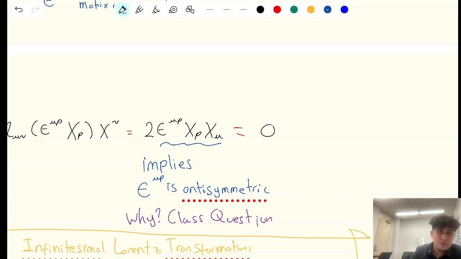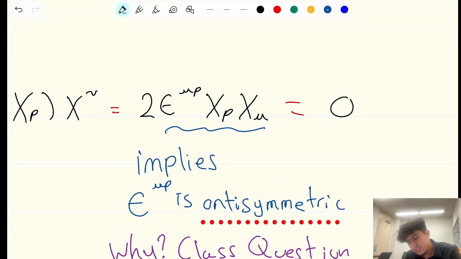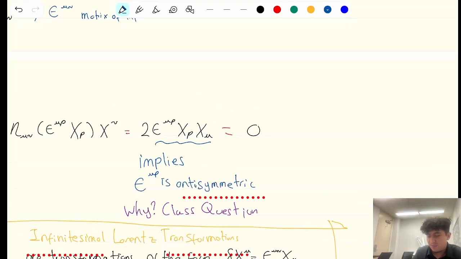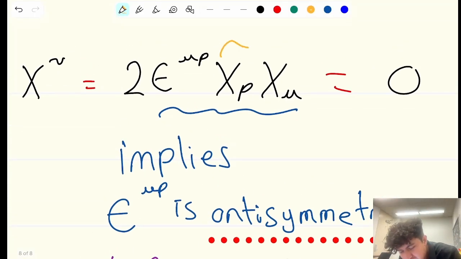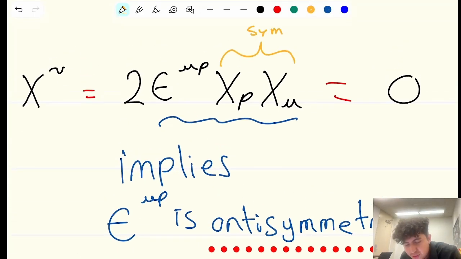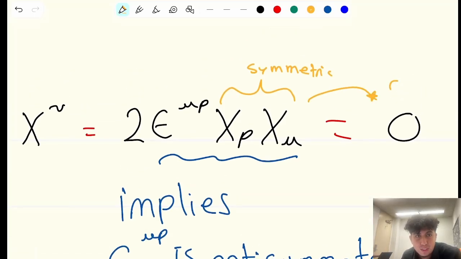So essentially this equation is implying that this epsilon mu rho has to be antisymmetric. Why? Also a class question. The reason it has to be antisymmetric is that this part is symmetric. Imagine swapping the indices: nothing happens, and then you wouldn't be able to get 0.